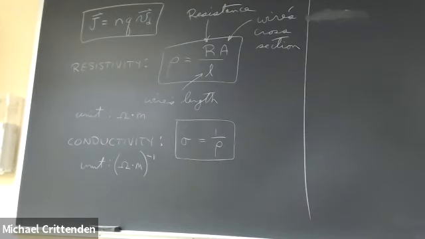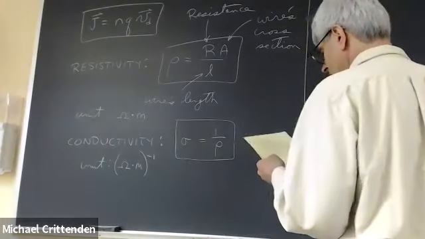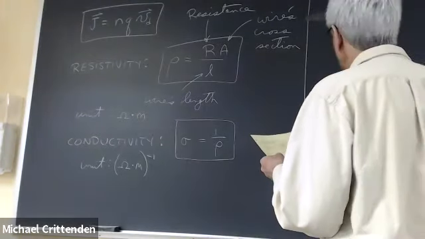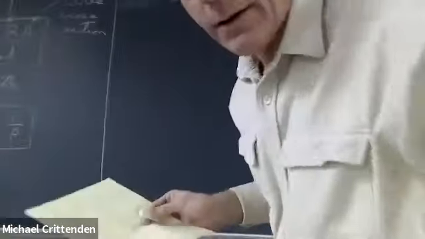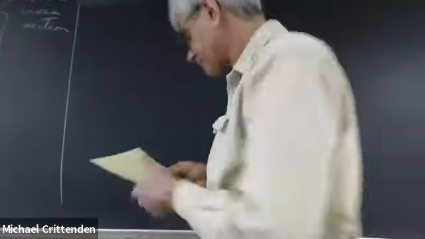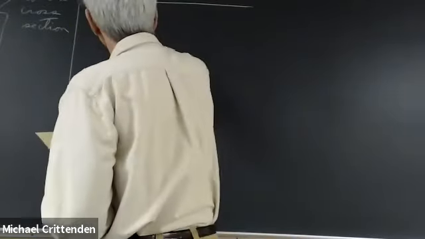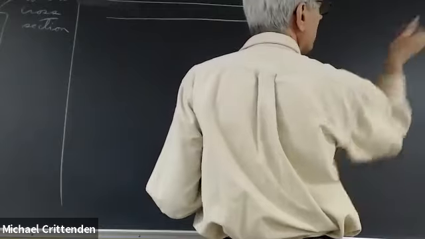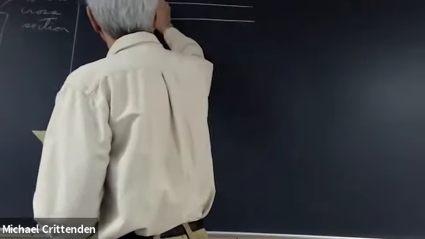Let's make a couple of substitutions into Ohm's law. Here you've got a, now I have to move the camera. Once again, I think there was a diagram kind of like this. Yeah, at the top of the page there. Still the same page, I guess.